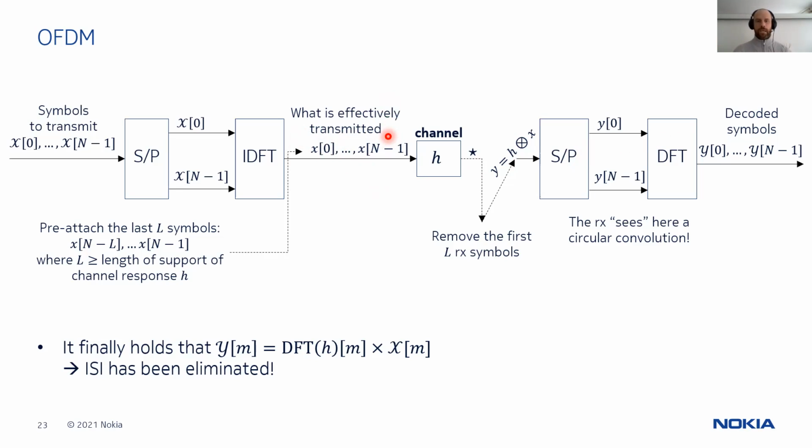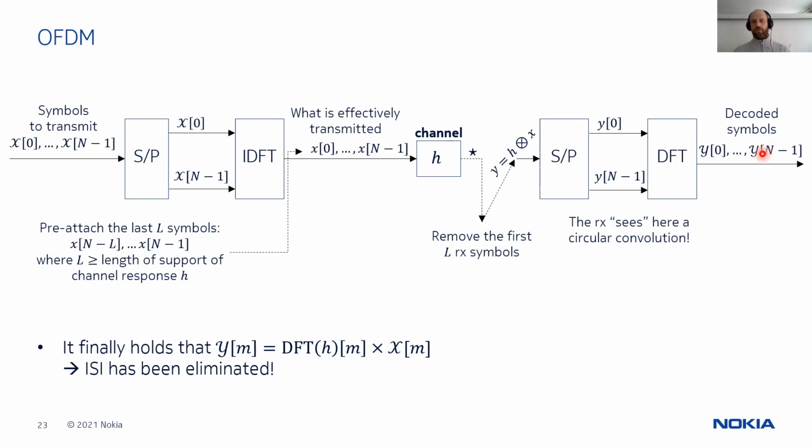All in all, by pre-attaching the last L symbols and removing the first received symbols, what the receiver sees is indeed a circular convolution. So what was our target is actually achieved.